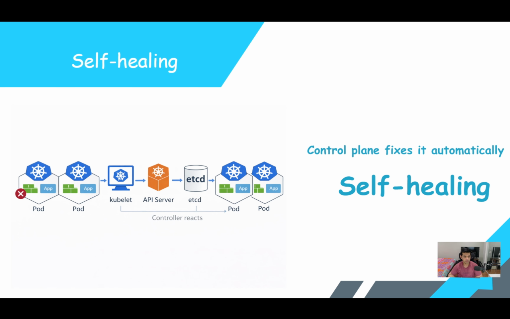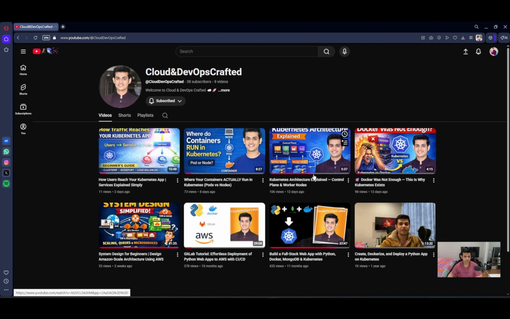Here is what actually happens behind the scenes. The kubelet running on the worker node notices that the container has stopped. It immediately reports the status to the API server. The API server updates the cluster state inside etcd, which is also known as the brain of the cluster. If you remember the second video of the series, where we discussed Kubernetes architecture, this is where those components come into play.